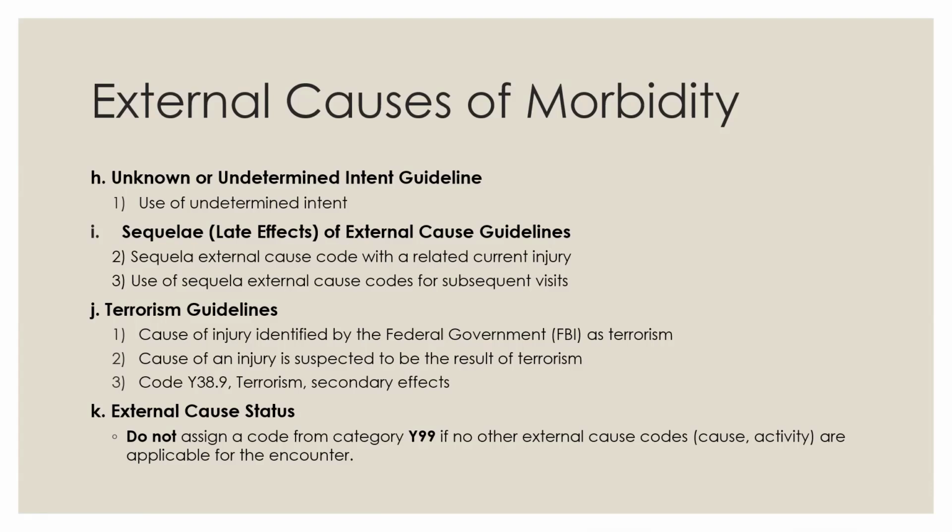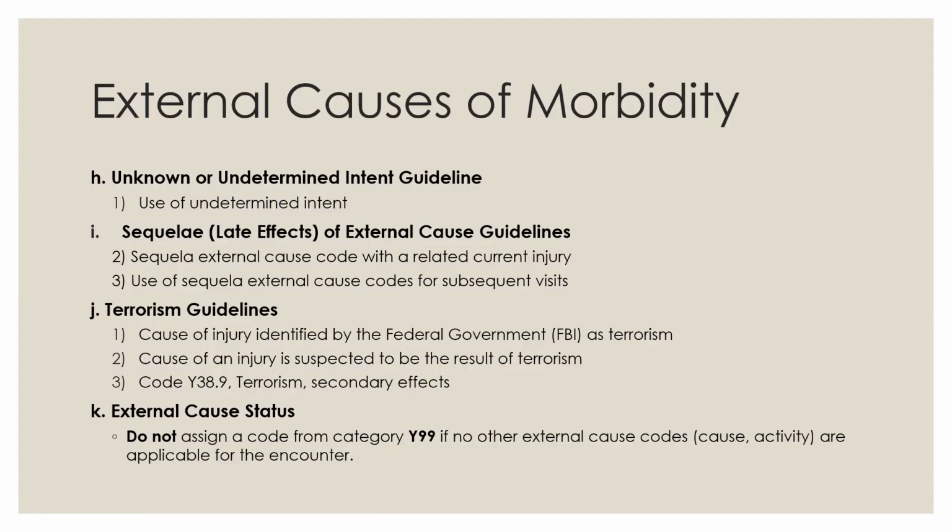The definition of terrorism employed by the FBI is found at the inclusion note at the beginning of category Y38. Use an additional code for the place of occurrence from Y92. More than one Y38 code may be assigned if the injury is the result of more than one mechanism of terrorism.